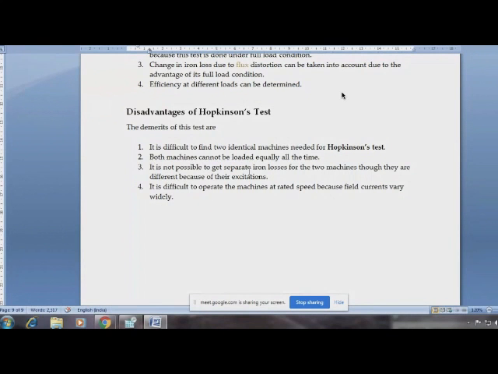Can you repeat, sir? Yeah. It is not possible to separate iron losses for the two machines.